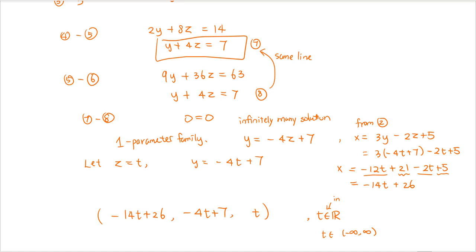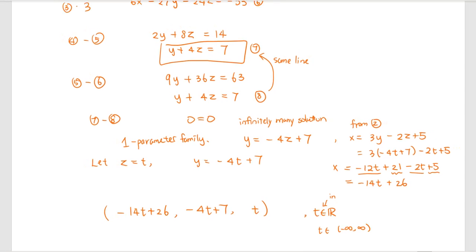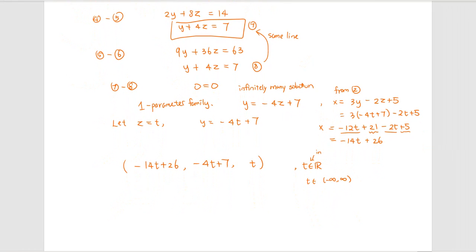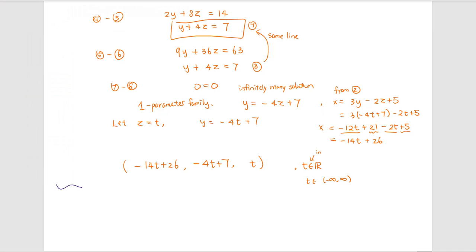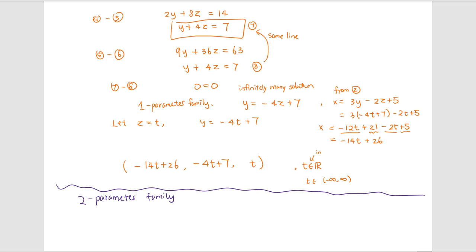So we get one parameter family. So what happens when we have a 2 parameter family? Okay, so let me write down here. When do we have a 2 parameter family? If all of the 3 planes are actually the same plane.